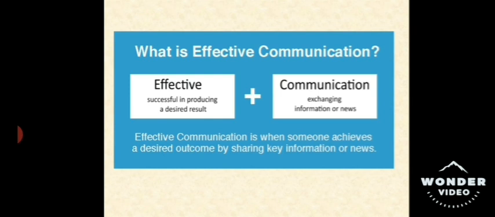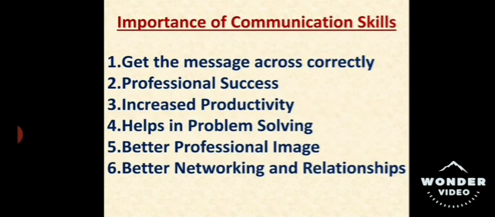We should have a look at the importance of communication skills. These are different reasons why we should acquire the skill of communication. Why should a person or IT professional have good communication skills? The reasons are given here.